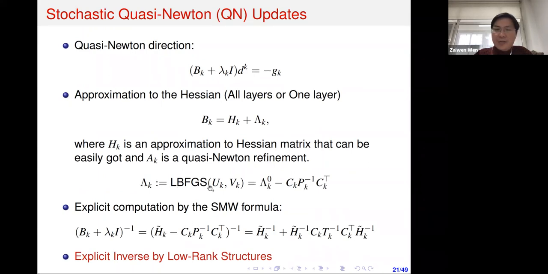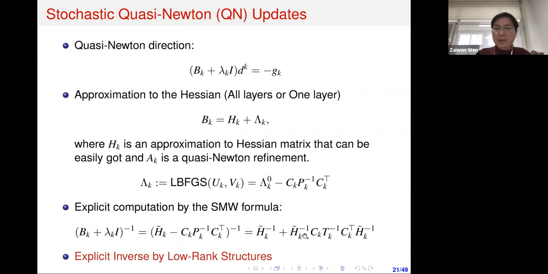If you know this BFGS method, it can be written as a low-rank update. So limited memory BFGS constructs a low-rank update to the Hessian matrix or the inverse of the Hessian matrix. So suppose the inverse of H is simple, it's possible. Then because this part is low rank, you can use the so-called SMW formula to compute the inverse explicitly in this way.